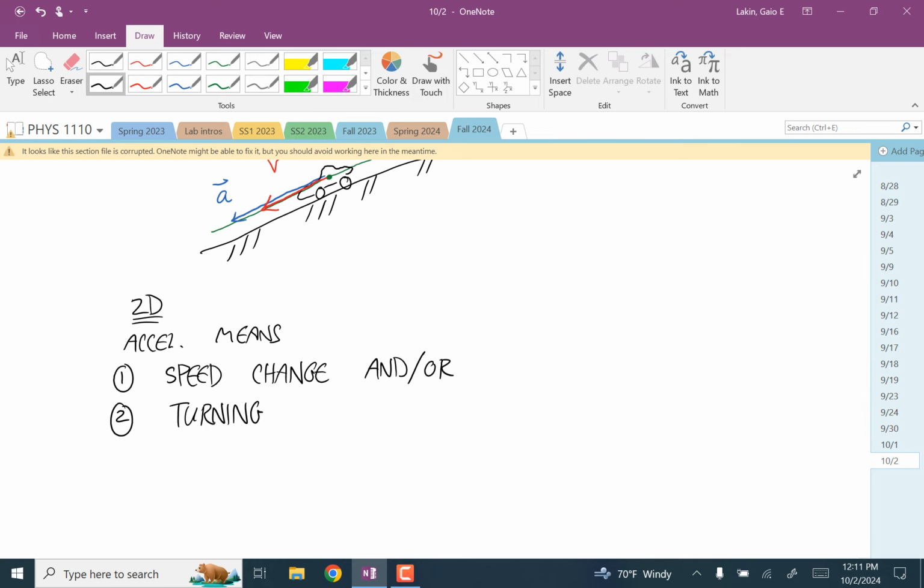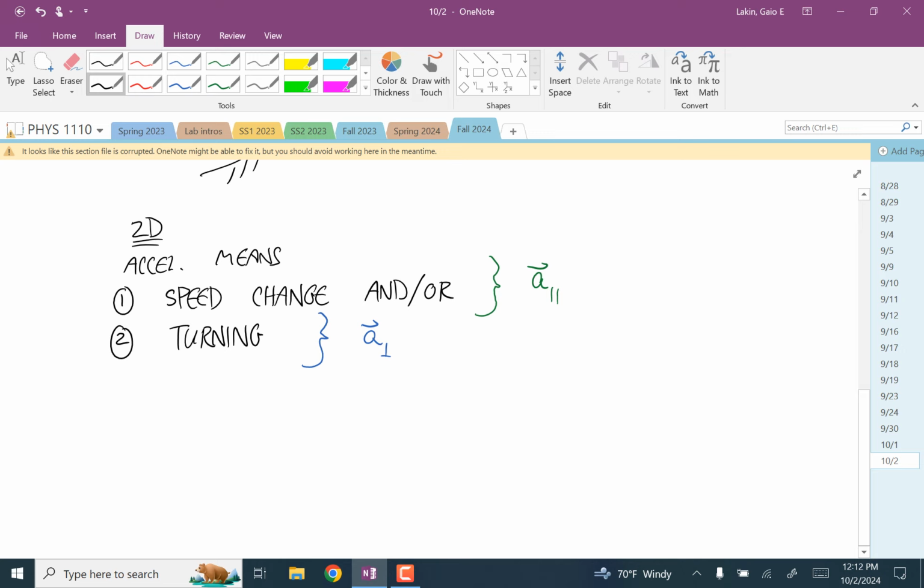There's this whole range of directions. The speed change is affected by the part of the acceleration that's parallel to the velocity. And you can think of that as like the acceleration in 1D. And this new one is due to the part of the acceleration that's perpendicular to the velocity. And then the total acceleration is just the sum of these two parts.